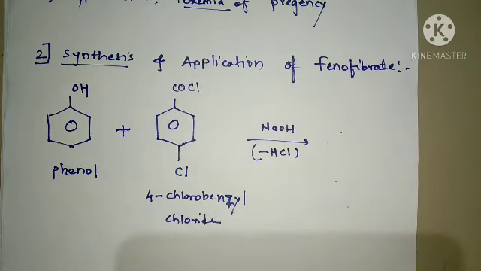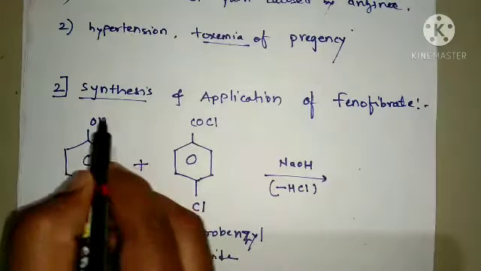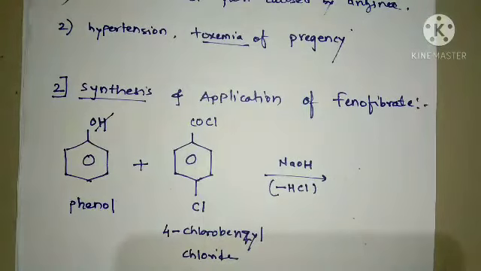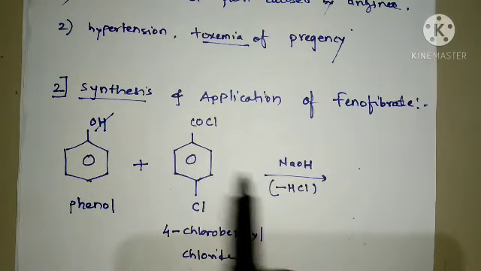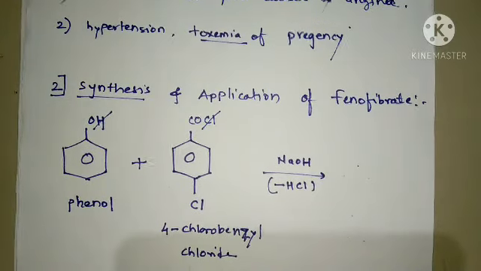How to remove HCl from the two reactant molecules? One hydrogen from the phenolic OH group and one Cl from the second reactant molecule.